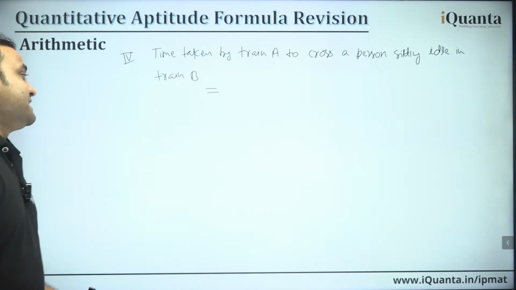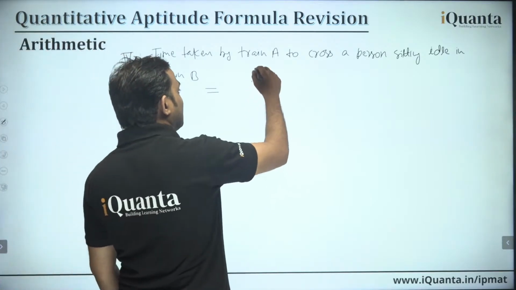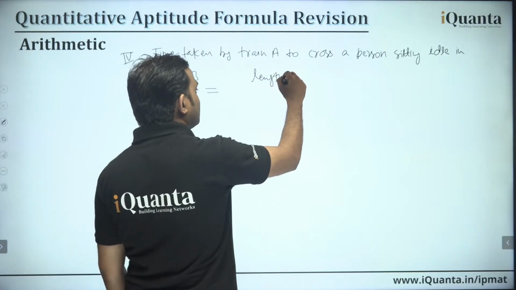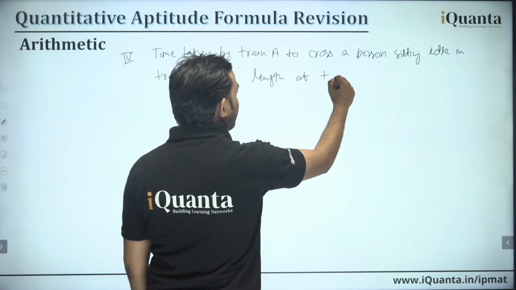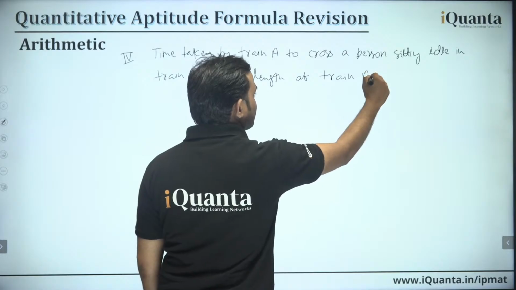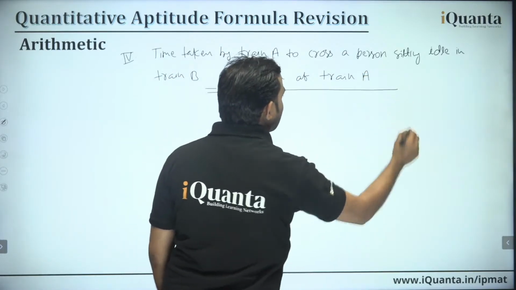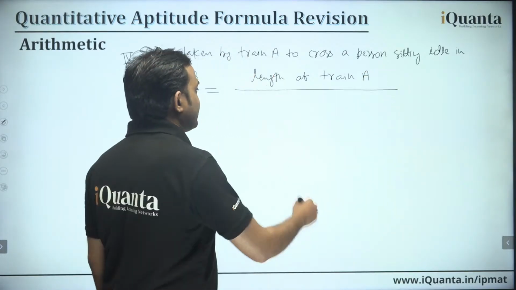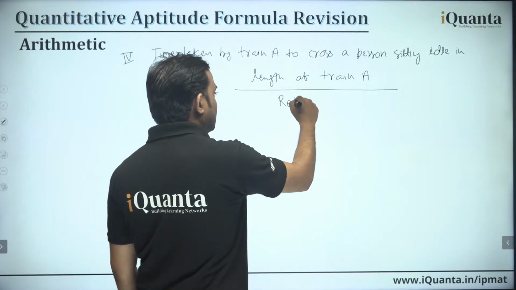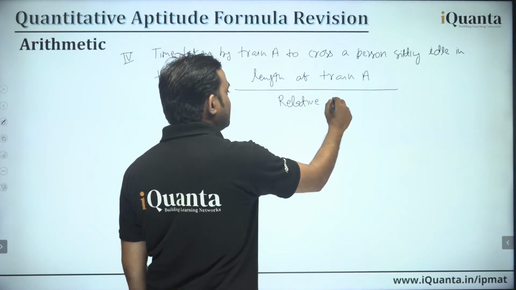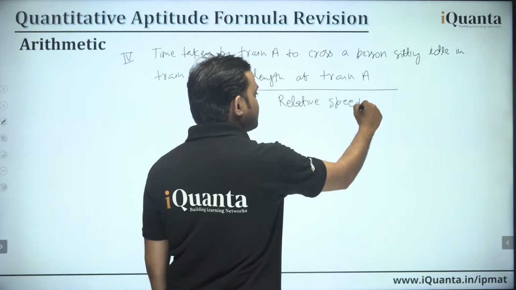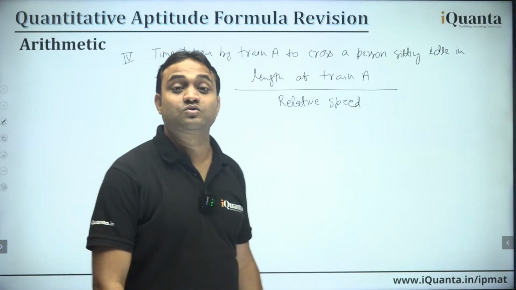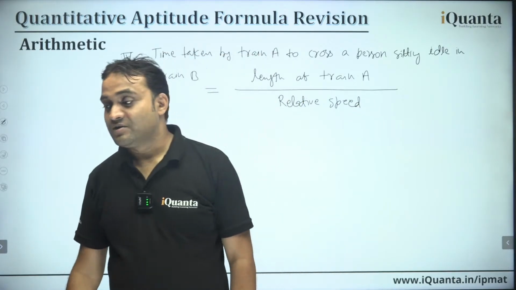So this is equal to the length of train A. Now this is the twist here. We are only going to count the length of train A divided by relative speed. But in case of speed, we are going to take the speeds of both the trains into consideration. Why?